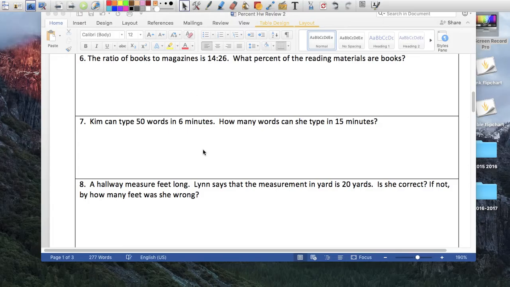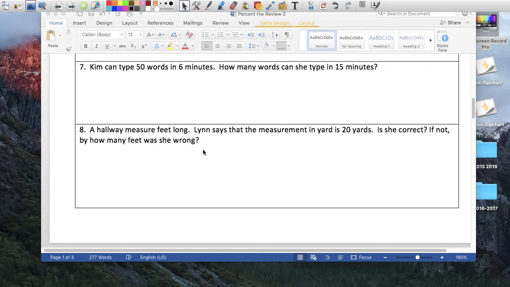A hallway measures, oh, I didn't do this. Uh-oh. So let's just make this, and I will change it eventually. Let's make this, just for sake of argument, 30 feet.